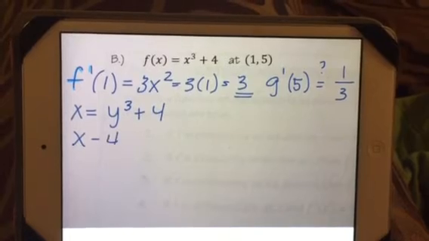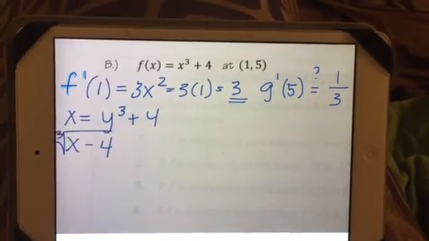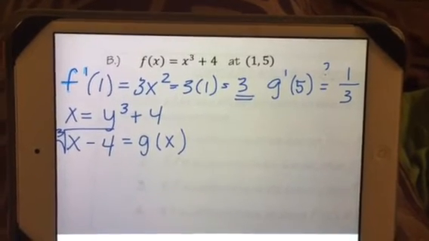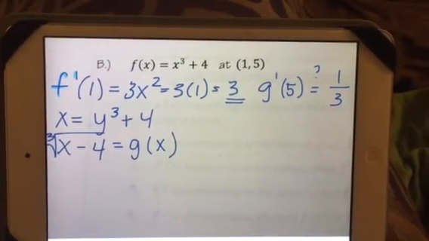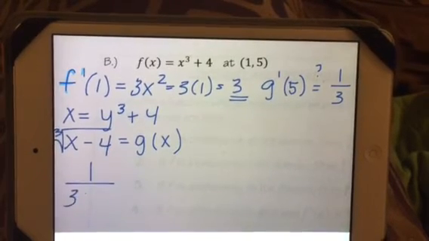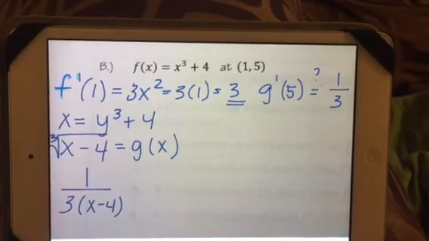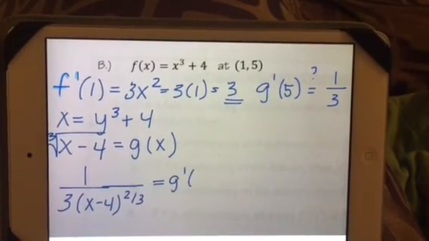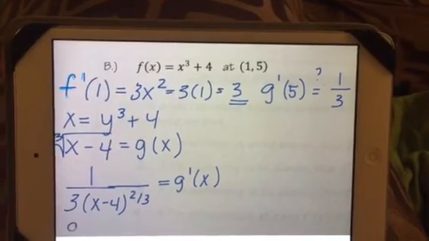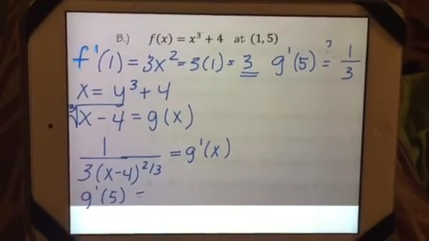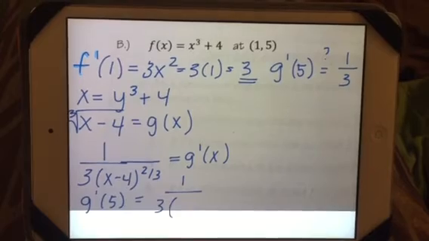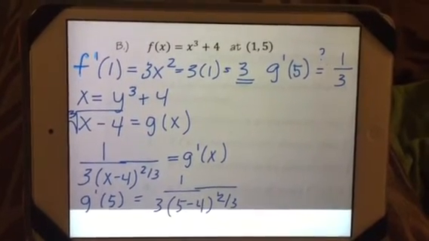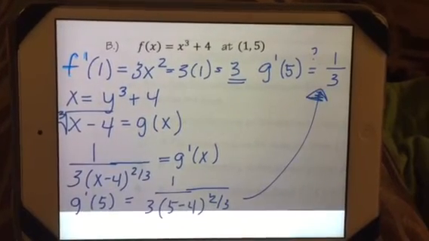So the cube root of (x minus 4) is equal to our inverse. Take the derivative of the inverse, which is chain rule. So we have 1 over 3 times (x minus 4) to the 2/3, and that would be the derivative of the inverse. If we substitute in our y value, we get 1/3 times (5 minus 4) to the 2/3, which when you simplify does match up to this.